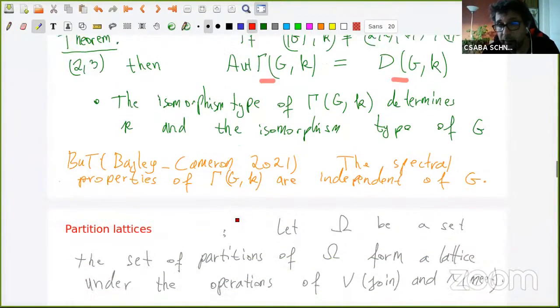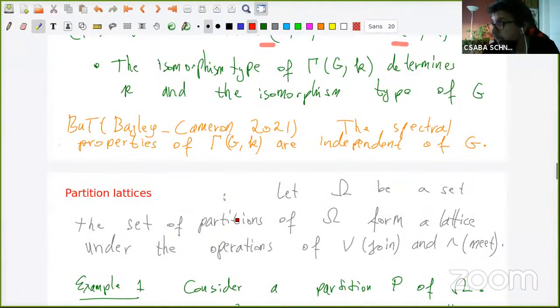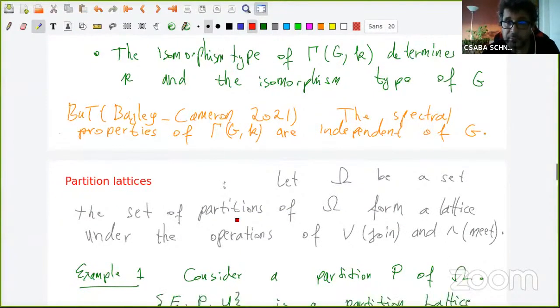Even though the graphs are non-isomorphic, these data don't depend on the group, they only depend on the size of the group.